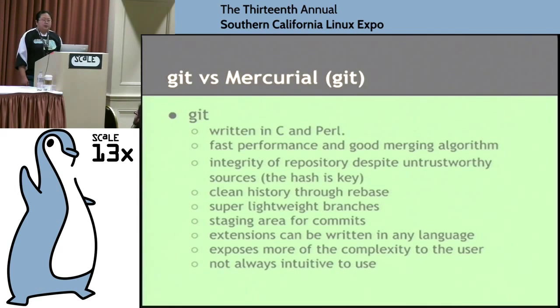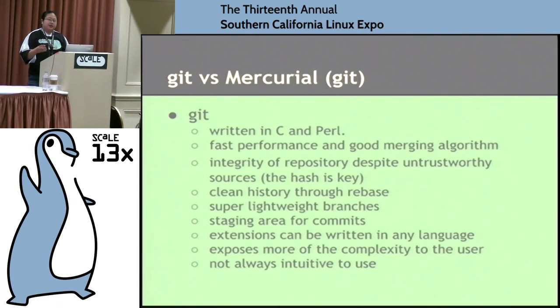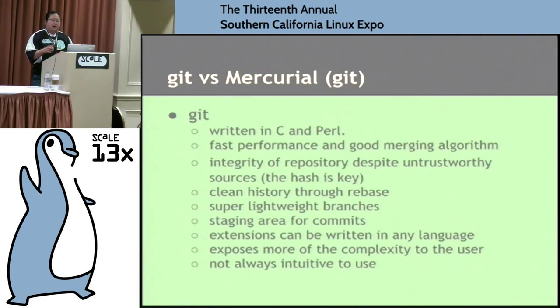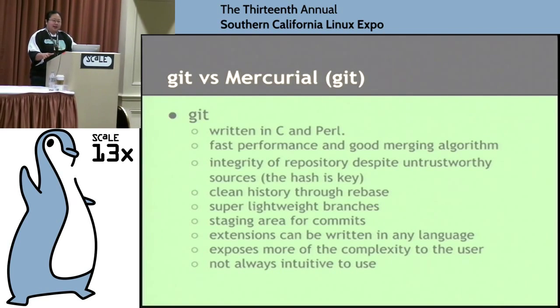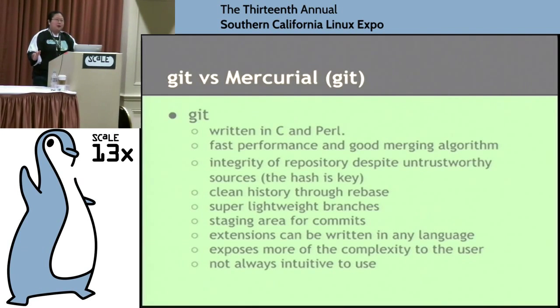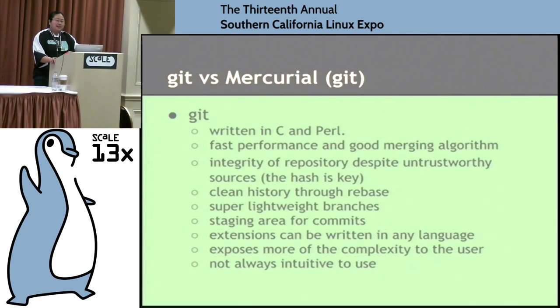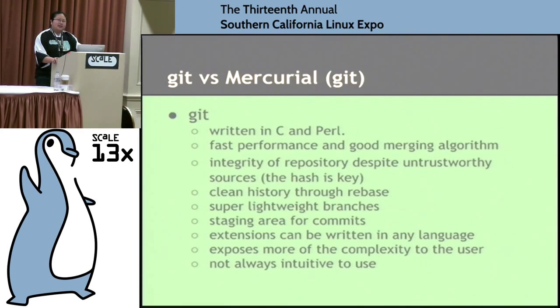One of the most important things to Linus was the integrity of the repository. There's a lot of source code, a lot of history. He wanted to make sure that no matter what happens, he could guarantee that, and it's distributed. Everybody has a copy of the repository. Who has the one true repository? He doesn't care. All he cares is that he knows of the one change set that he's absolutely sure is a good one. It has a hash associated with it.